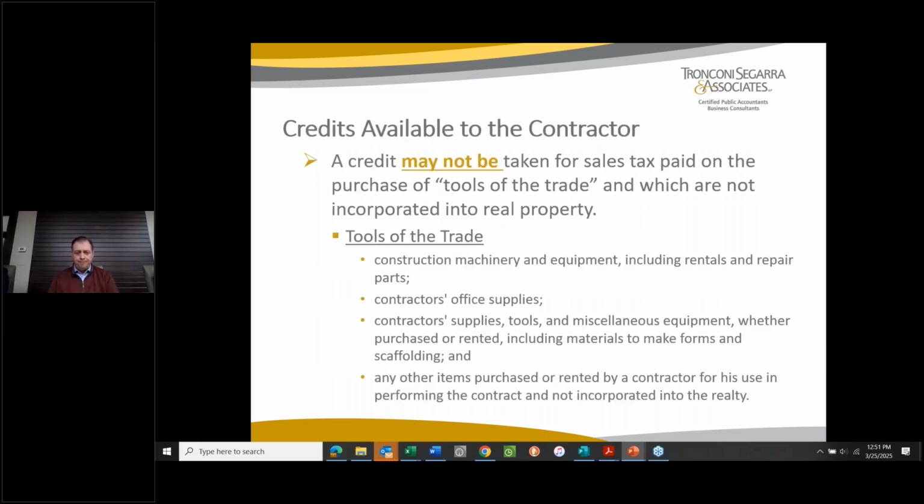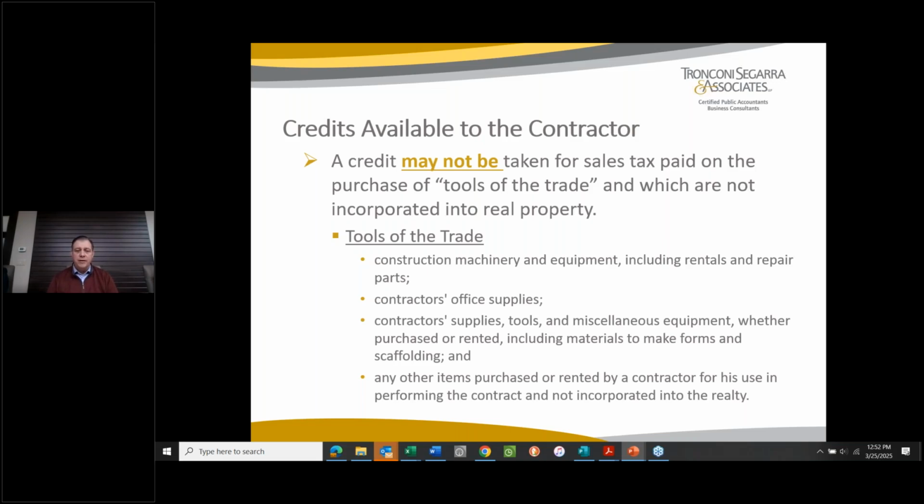And then just a reminder with this, we talked about that ST 120.1, that has to be for your materials that are incorporated into the project. You cannot take a credit for what we would call tools of the trade, which are not incorporated into the real property. These are things that you're using or consuming in the performance of the service.